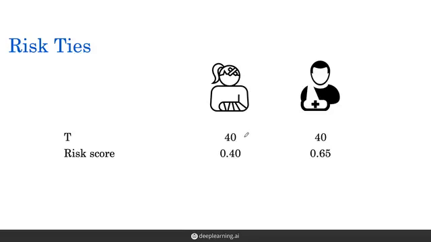This is also an example of a risk tie where we have two patients with the same time to an event, where we're saying that the risk score for one of them is smaller than for the other. And here we don't want to fully reward the risk model because the times to events were the same. So ideally we should have had the same risk score, but it's not entirely wrong either. So we'll call this a risk tie.